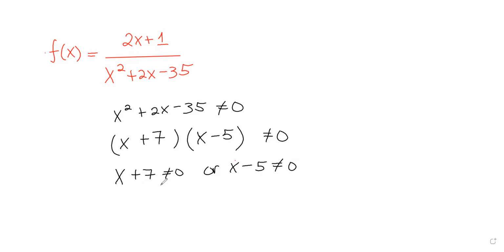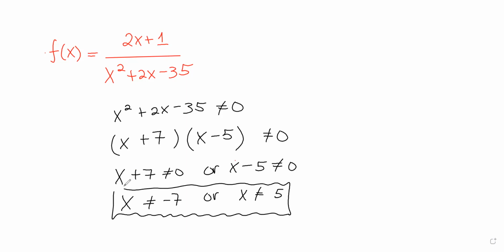Upon subtracting 7 to both sides, we get x cannot equal negative 7. Or for this next factor, we could add 5 to both sides. So x cannot equal 5. So these are my restricted values.